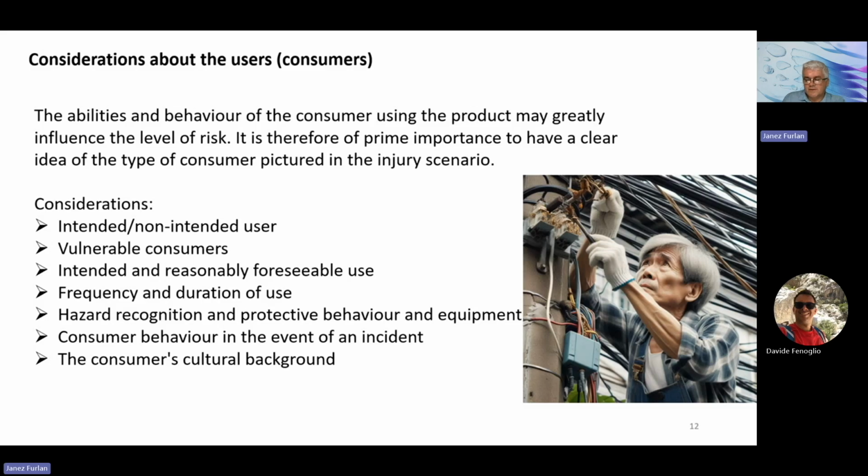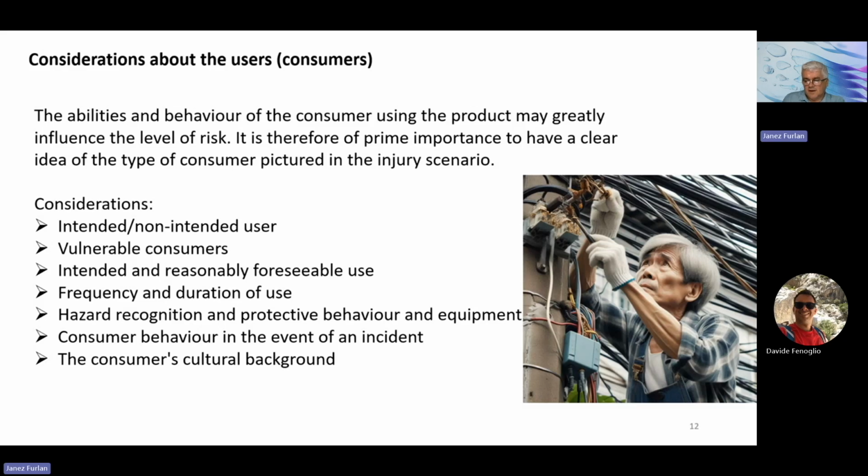We also need a clear understanding whether the product is intended for professional users or for the average consumer, who is supposed to use the product with no significant effort, and whose ability to use the product is somehow expected.